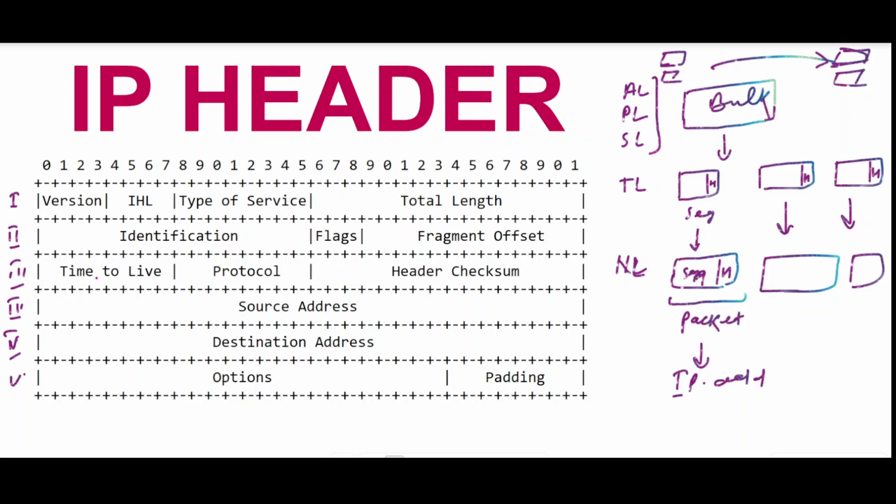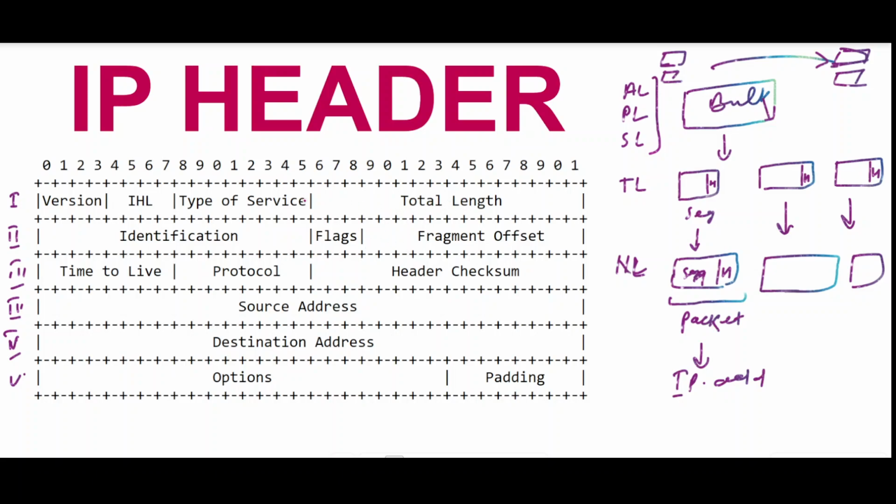Now here the important points: this is version, internet header length, that means the size of the header is represented here, type of service. This type of information is only a representation of some meaning, a meaningful representation in this header, as well as in the TCP header.